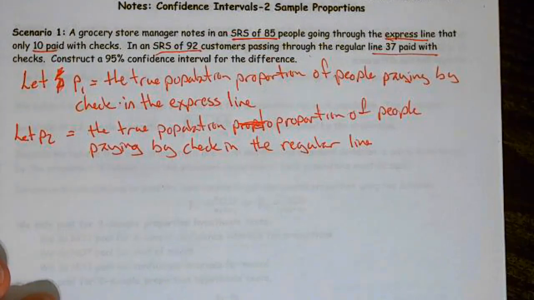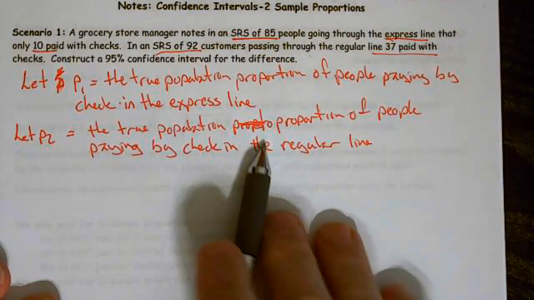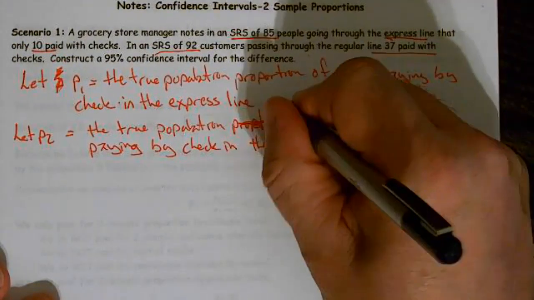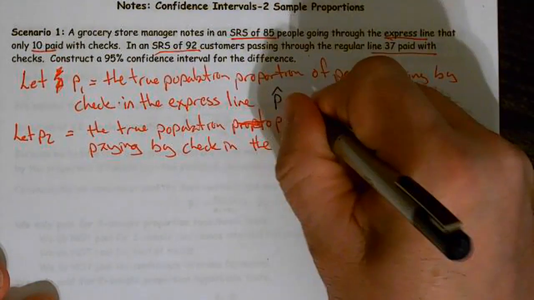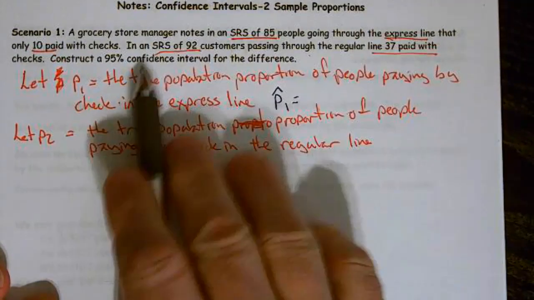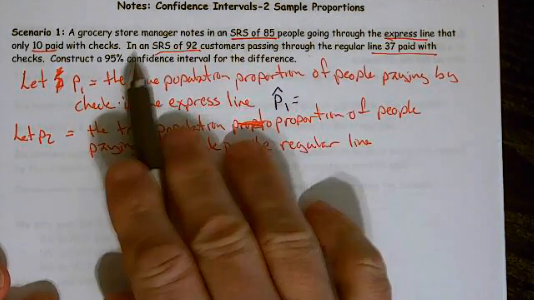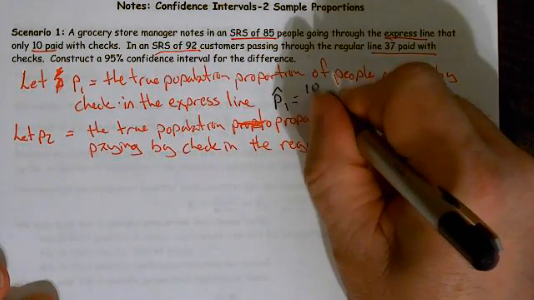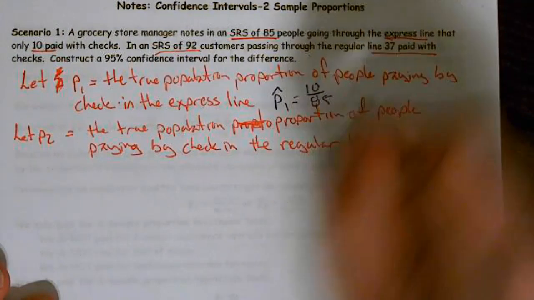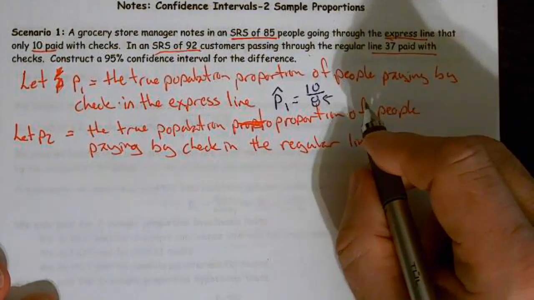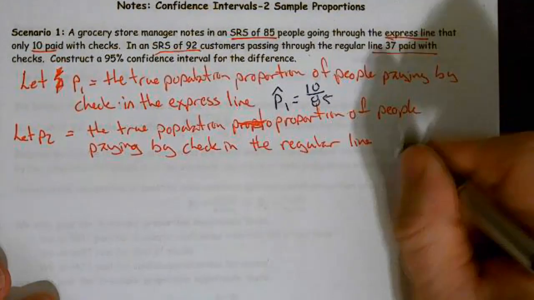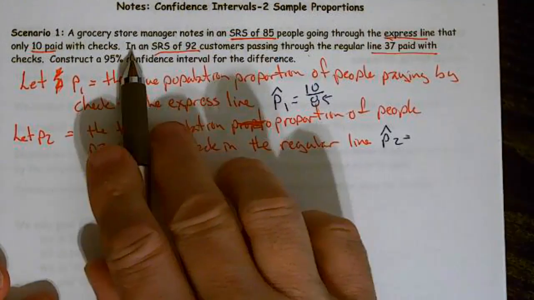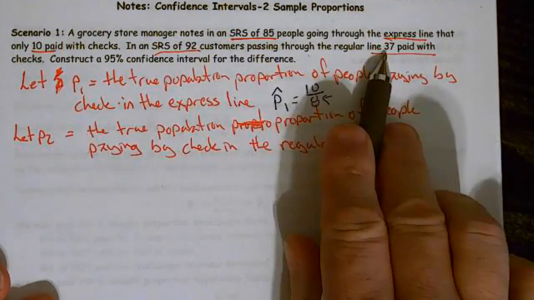Now, it didn't ask me to do this, but I'm going to do this anyway, and you probably should too for your own benefit. p hat 1 is going to equal 10 out of 85. And p hat 2 happens to equal 37 out of 92.